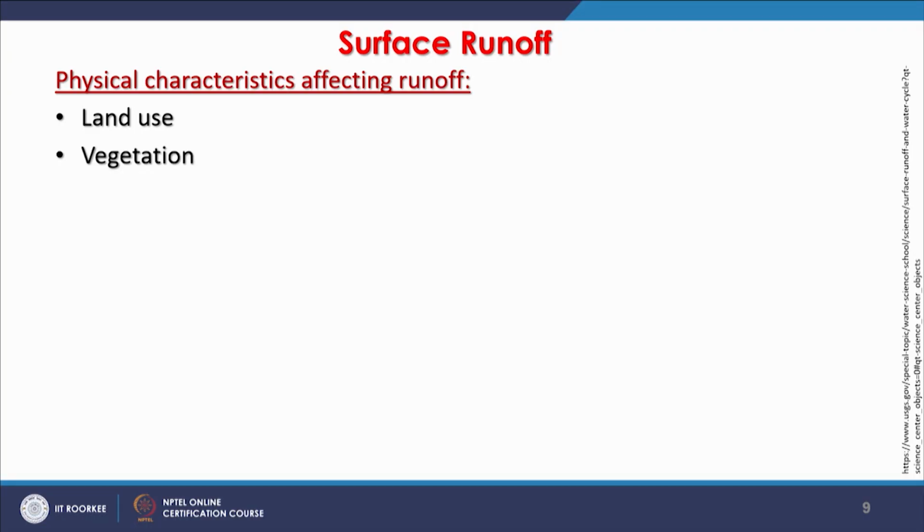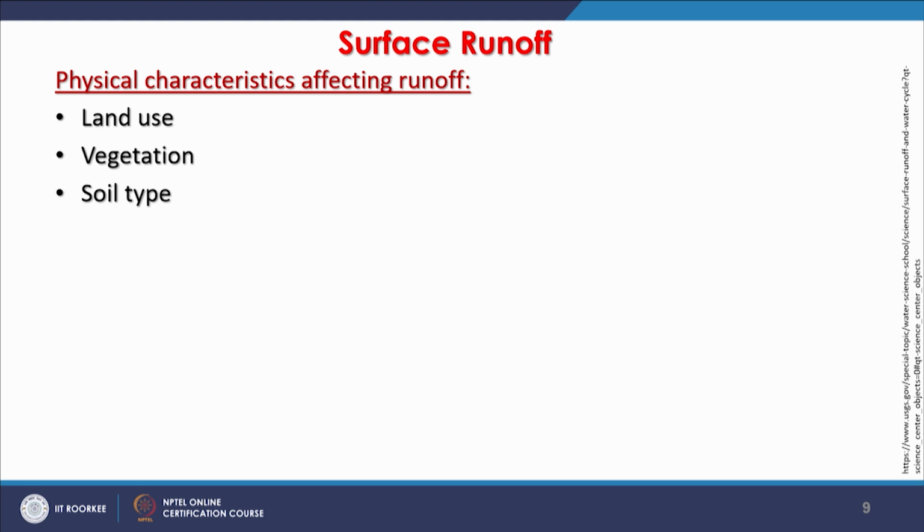Vegetation cover influences definitely. If there is barren land, there will be more surface runoff. If there is vegetation, it will interfere with the flow, and of course allow more infiltration and more groundwater recharge. Soil type also matters.